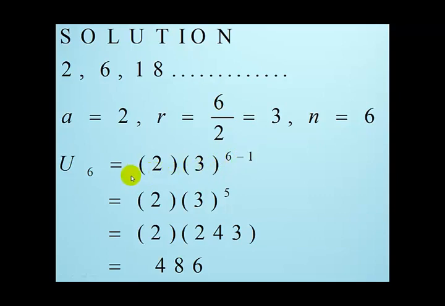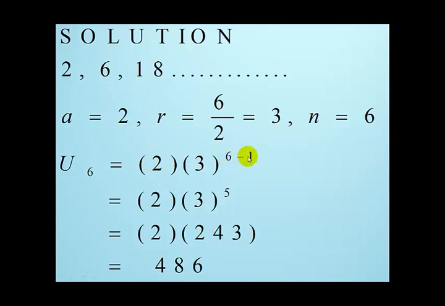That's the nth term of a geometric progression, where a is the first term, r is the common ratio, and n is the number of terms. So we have 2 times 3 exponent 6 minus 1, where 2 is the first term a, r equals 3, that's the common ratio, and n equals 6, that's the number of terms.